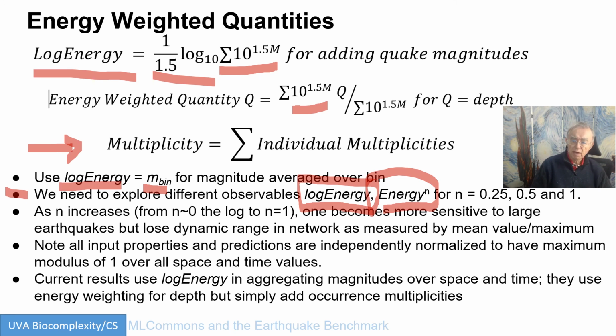Now 0.25 is purely mathematical. 0.5, as mentioned, is a sort of magic value. The square root of the energy is called the strain. And of course, energy to the 1 power is energy. So we know what energy is. It's what drives us all forward, poured out of the sun and things. Now there's this issue of dynamic range.